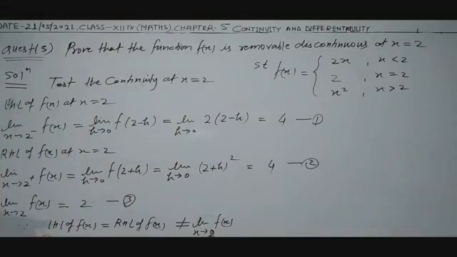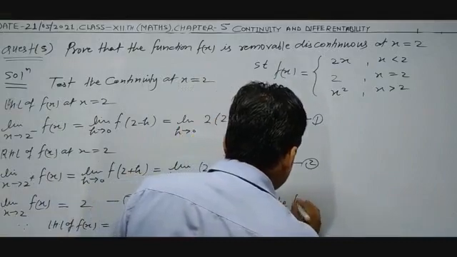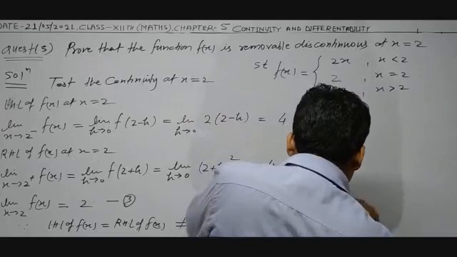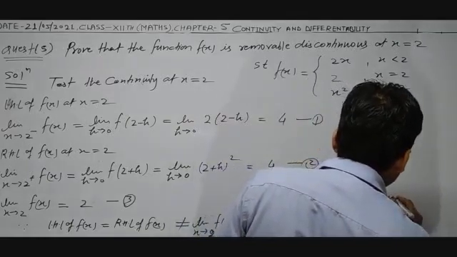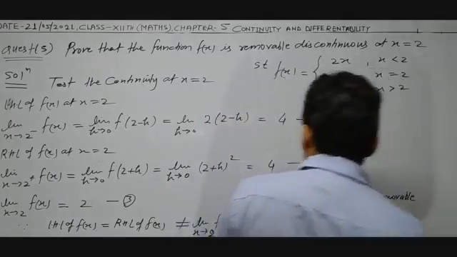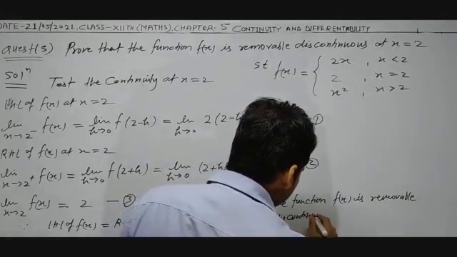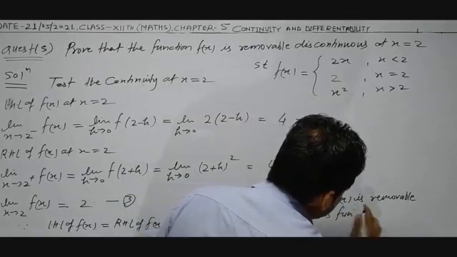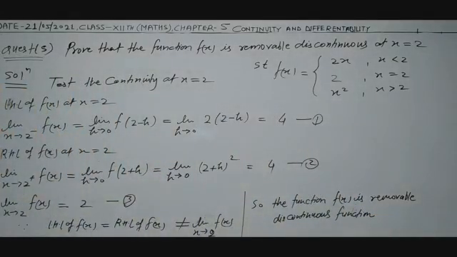So the function f(x) is a removable discontinuous function. So this is the proof.